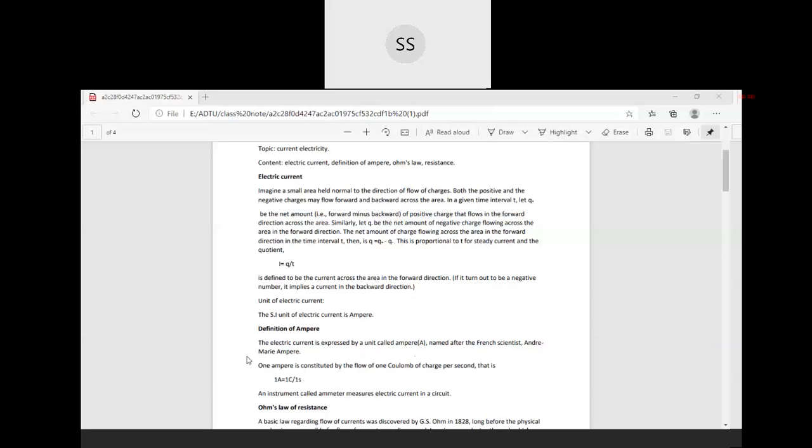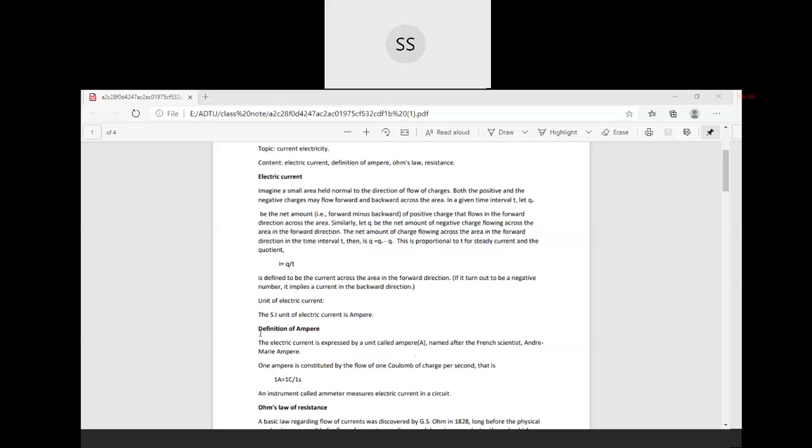So this is an important topic. The question will come from this topic, either asking what is 1 ampere current, or the definition of 1 ampere current.